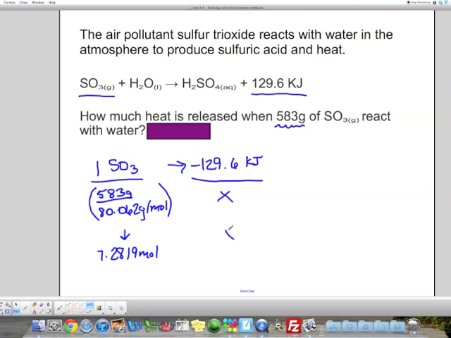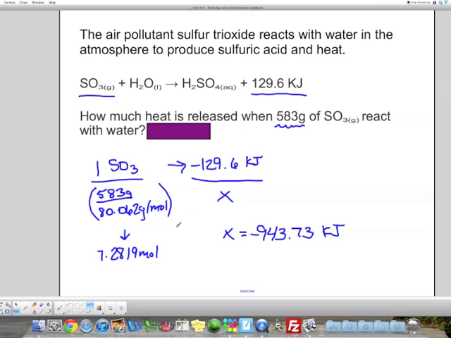So my X is equal to 943.73 kilojoules. Now, let's not forget this energy is released because it's on the product side.